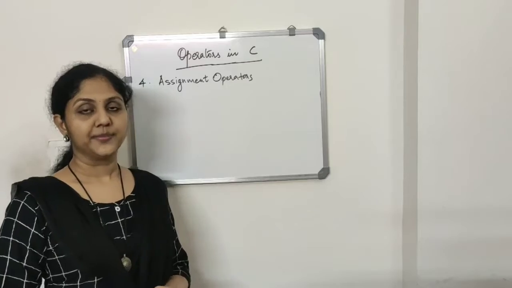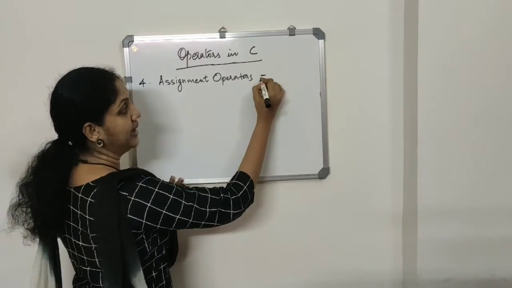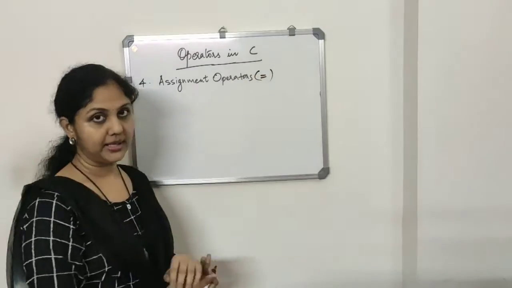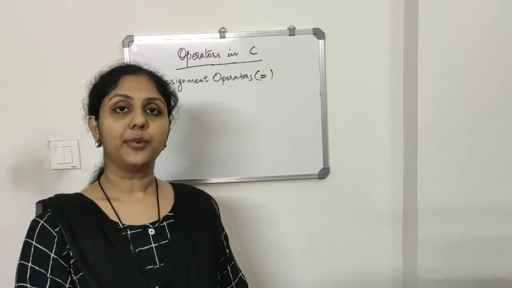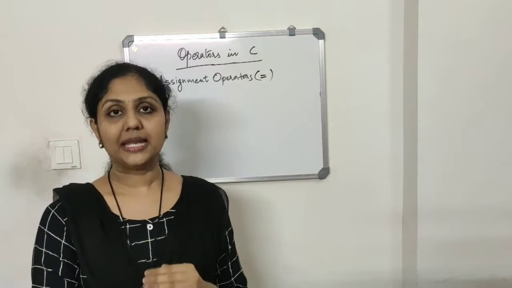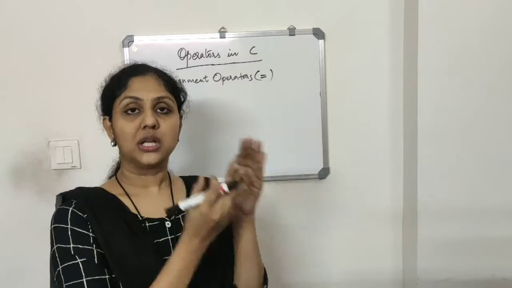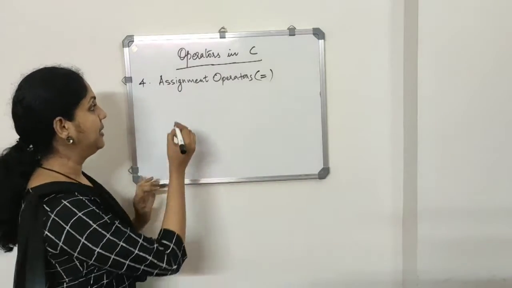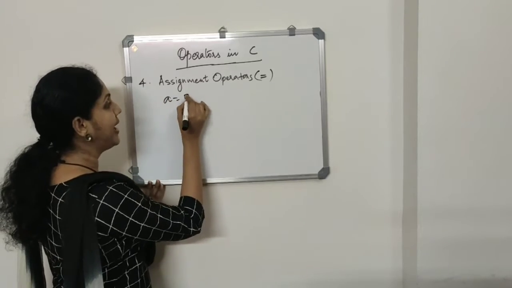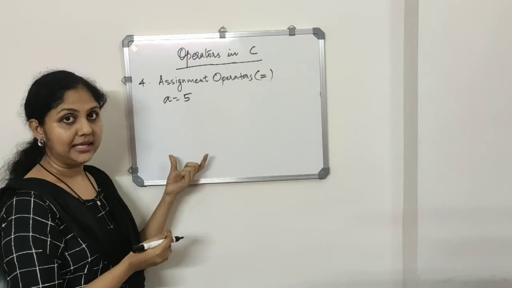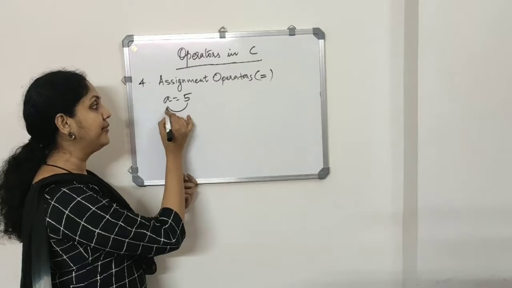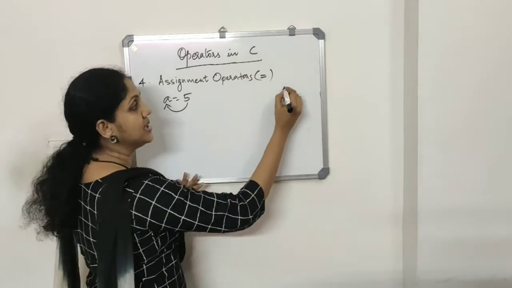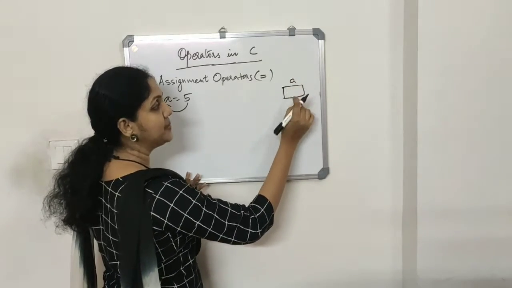Assignment operators. We have seen the assignment operator, equal to. The assignment operator is used for assigning some value, or the result of an expression, to a variable on the left hand side. That means A equal to 5 means we are assigning a value 5 to A. Suppose A has a memory space.